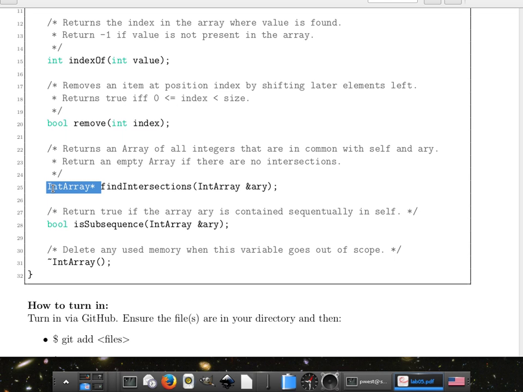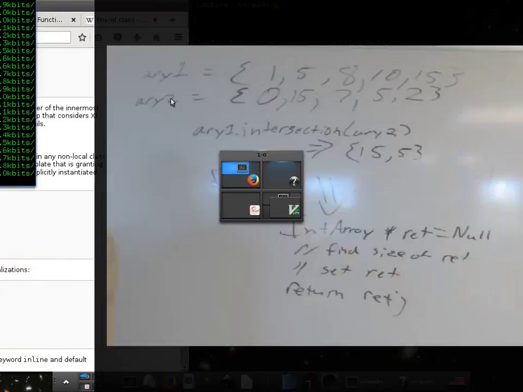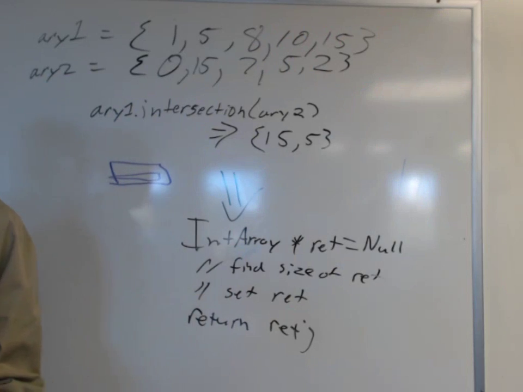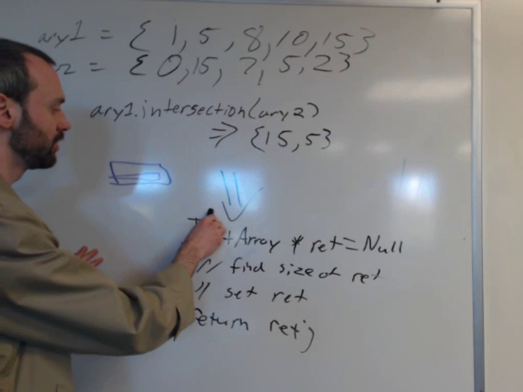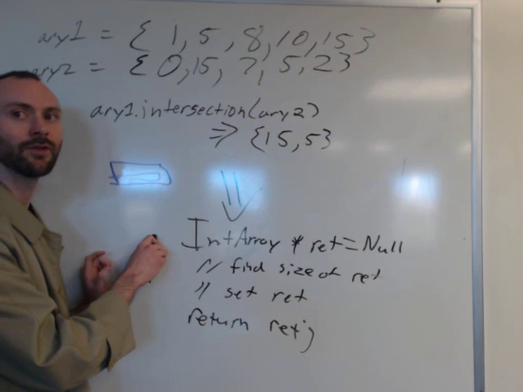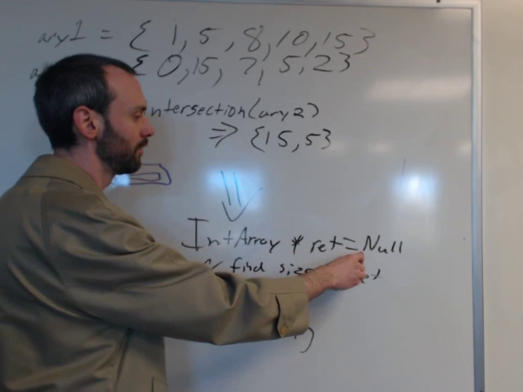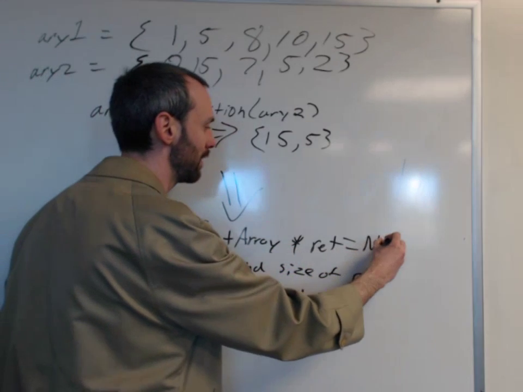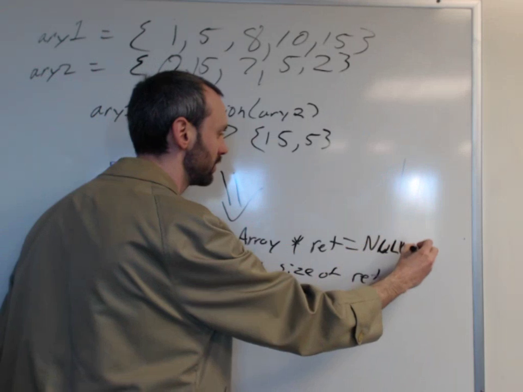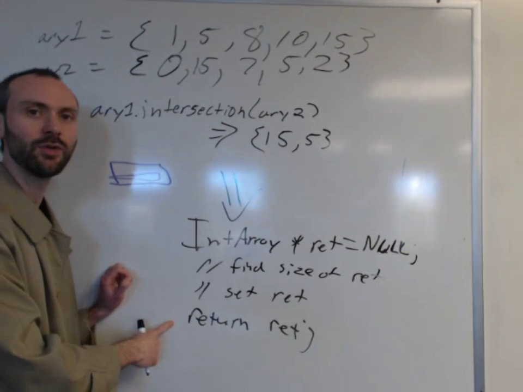I'm so sorry, online people. Let me start that over again. In your code, first line, highly recommended, int array star ret, the pointer equals null. And that should be with a capital U and 2 capital L's. Because at the end, you want to return that.